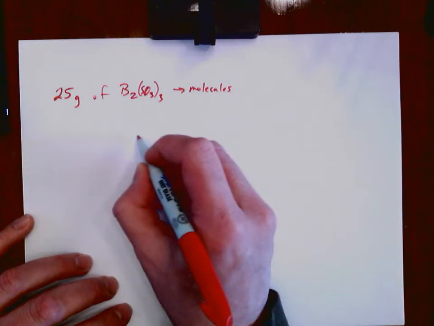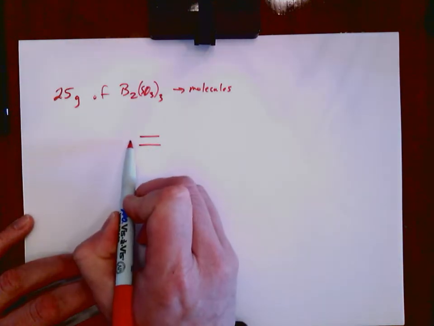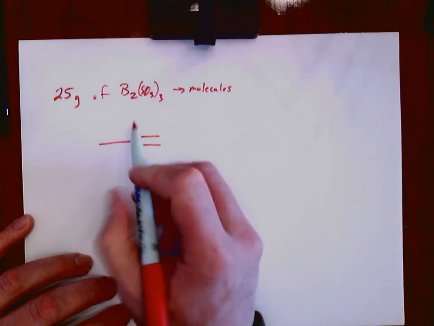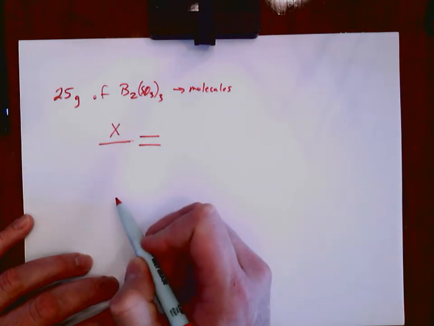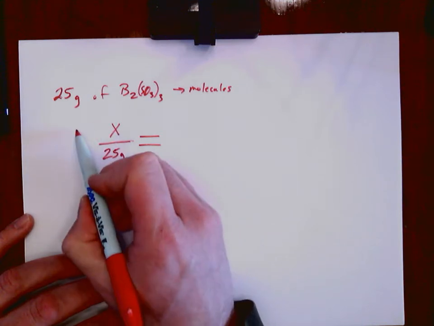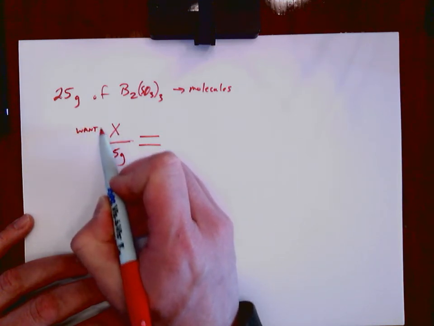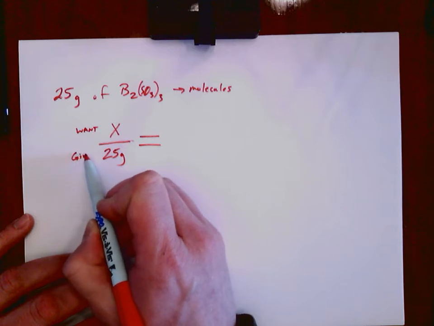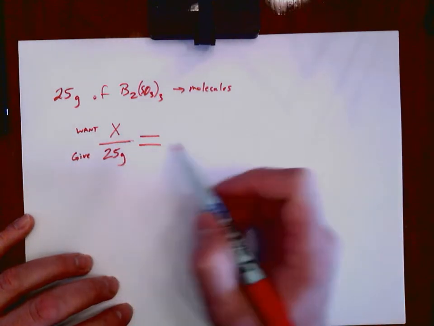So again, it's a proportion. You set up your proportion where what we're looking for is always on the top. So that's our X. We have 25 grams. What does the question want you to find? What does the question give you? That goes on the top and the bottom left hand.